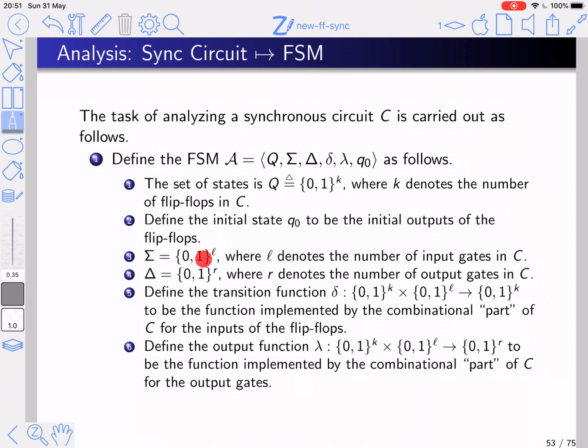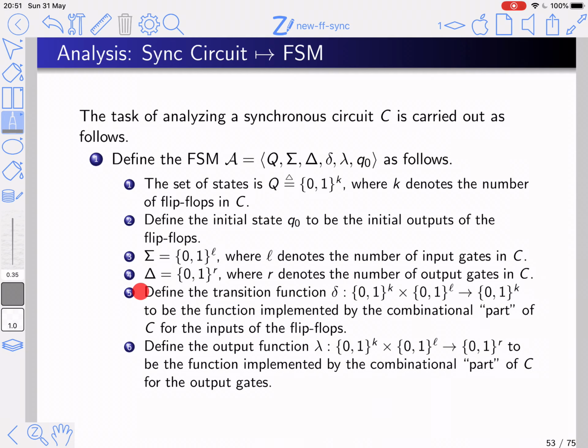These are binary strings of length L, where L denotes the number of input gates in C. So C has L inputs. In each clock cycle, we feed C with L bits through the input gates. Capital delta is the set of all binary strings of length R, where R denotes the number of output gates in C. So in each clock cycle, C outputs R bits.